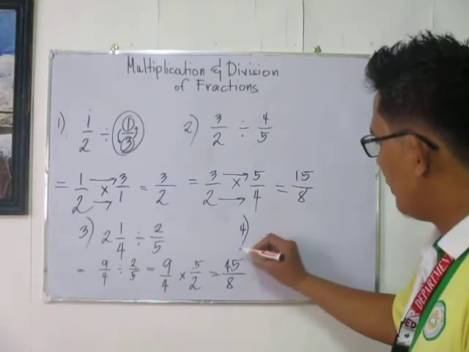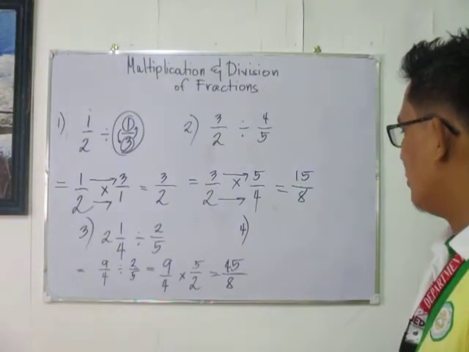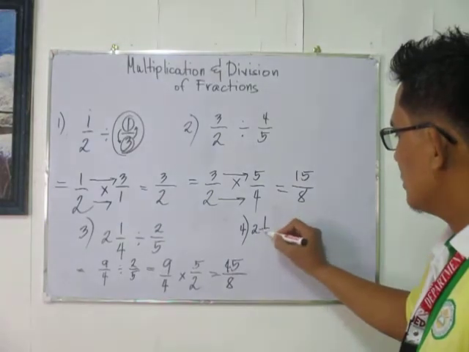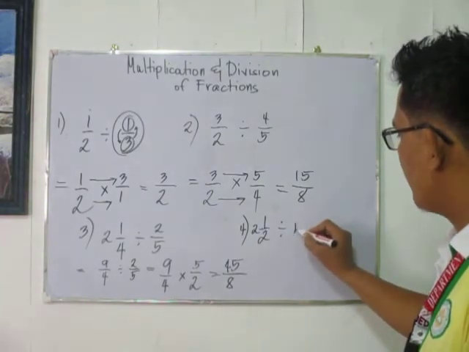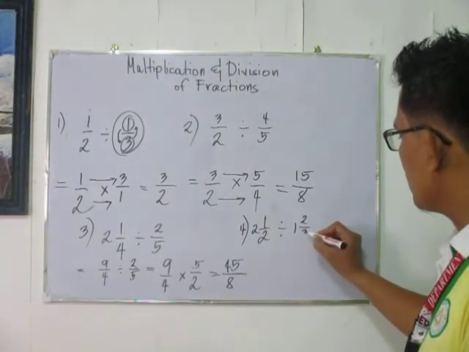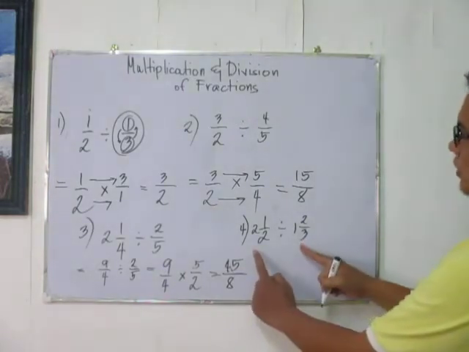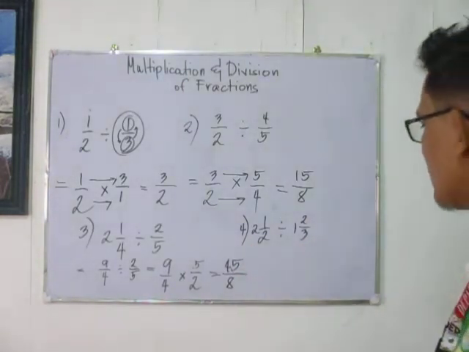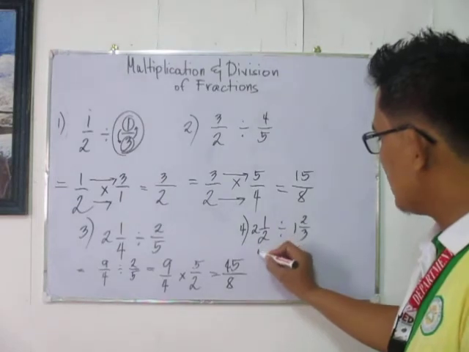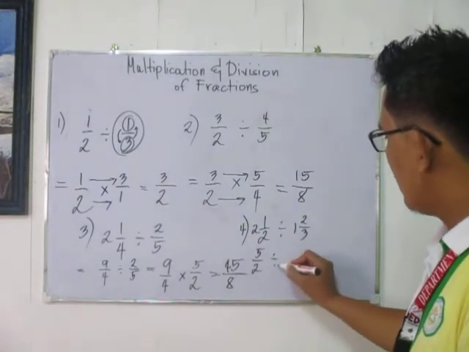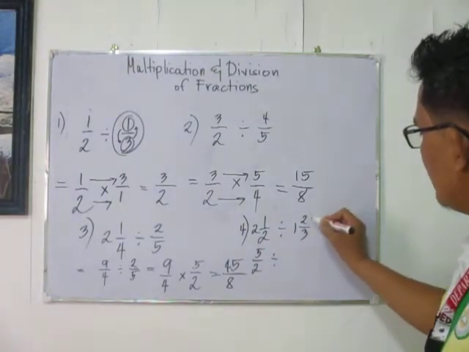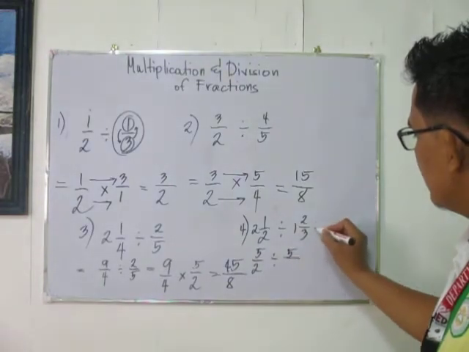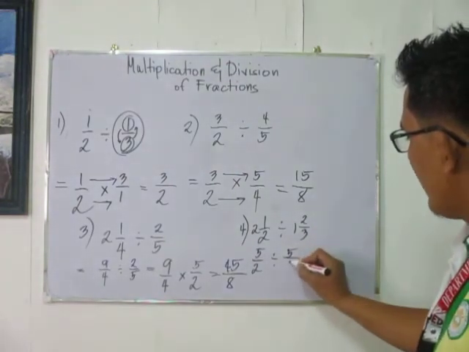Last example. If we have both mixed numbers, 2 and 1/2 divided by 1 and 2/3, for example. Change both mixed numbers into improper fractions. 4 plus 1 is 5 over 2, divided by 3 plus 2, which is 5 over 3.